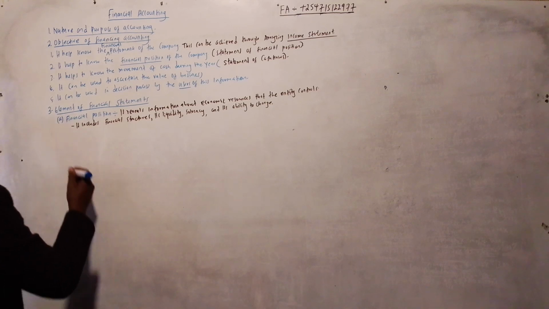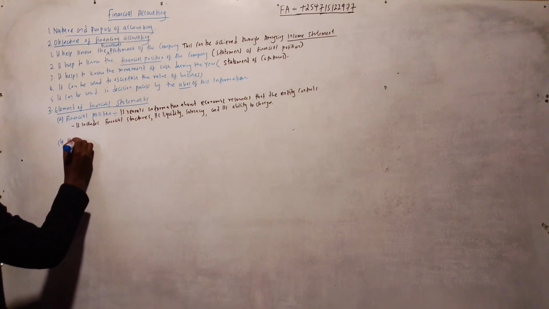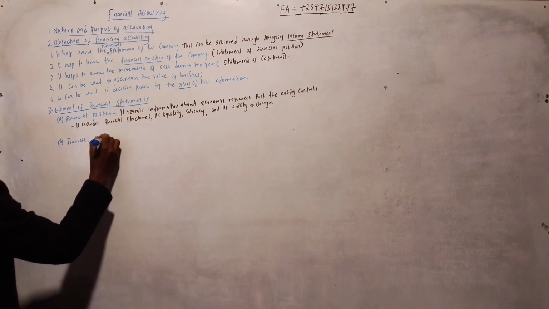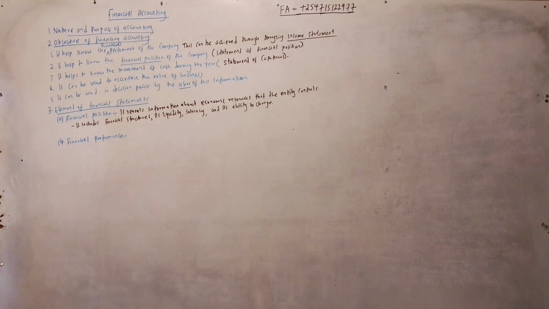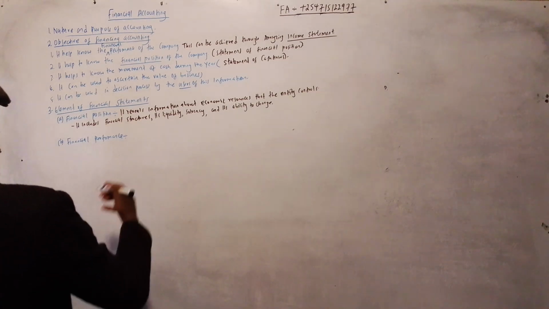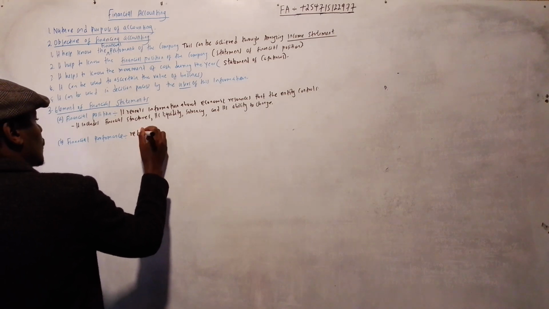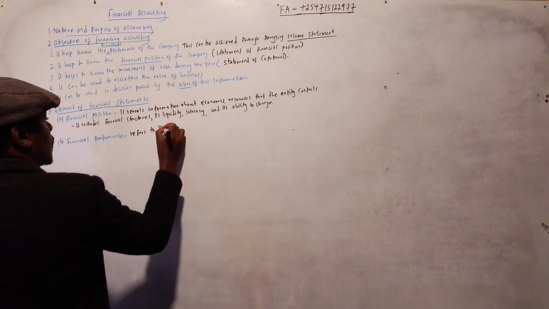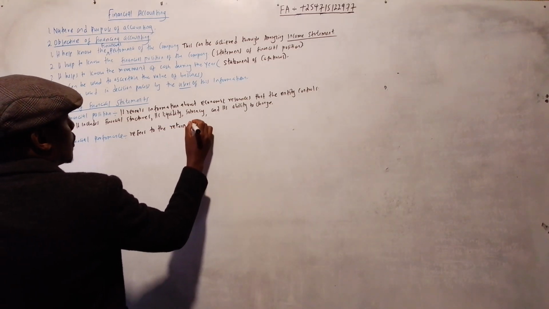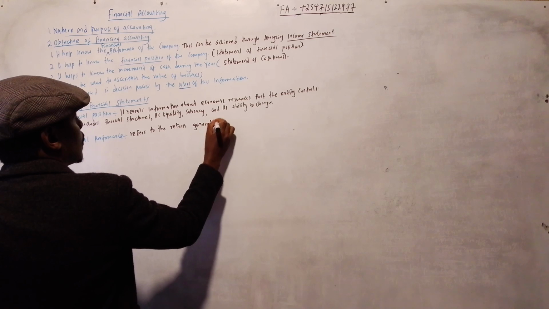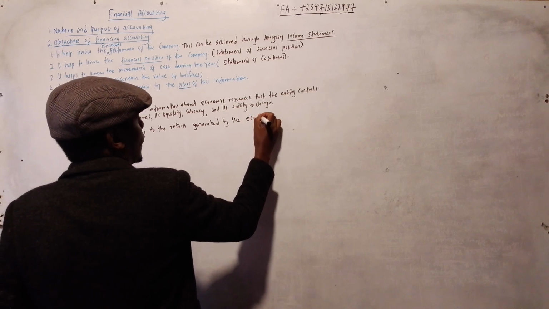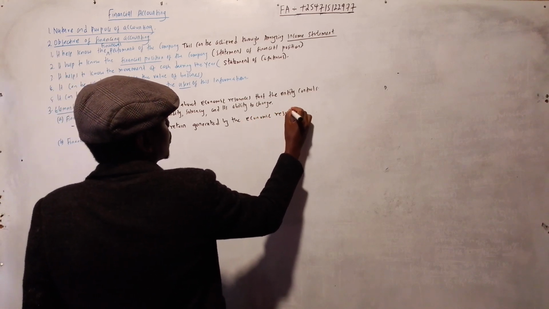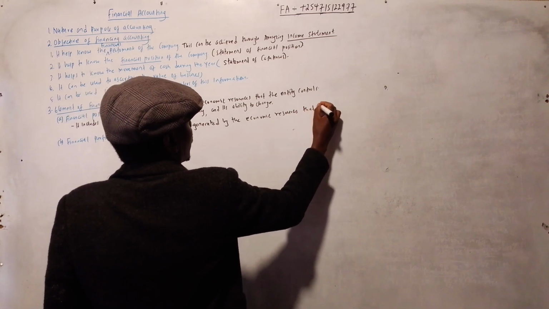Then number B, financial performance. We say financial performance refers to the return generated by the economic resources that the entity controls.